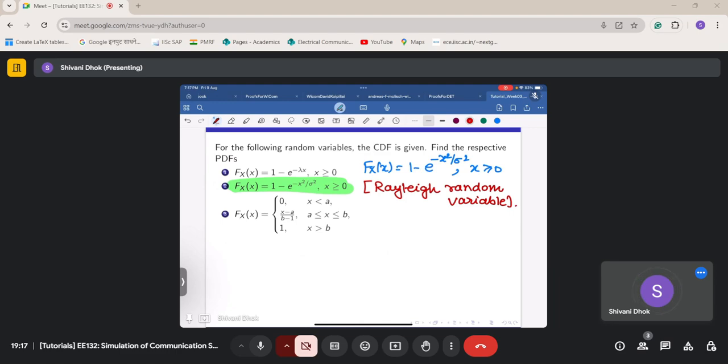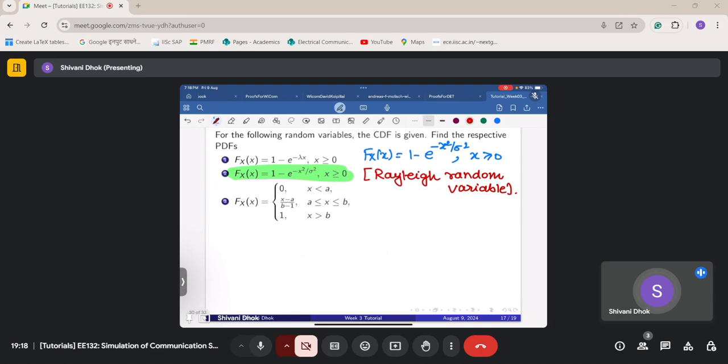Okay, so this is the Rayleigh random variable.